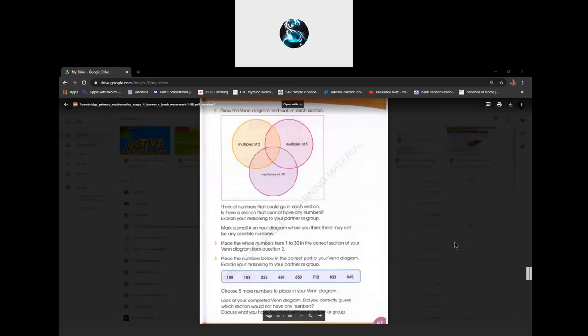You can do number 4. Okay. Place the numbers below in the correct part of your Venn diagram. Explain your reasoning to the partner or group.